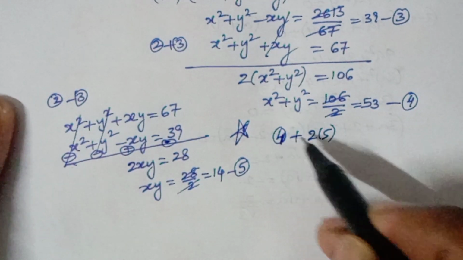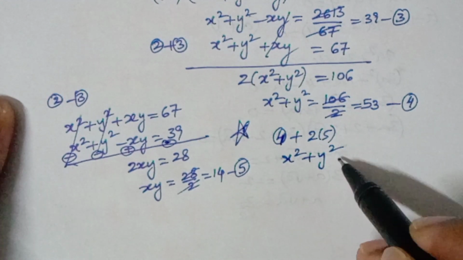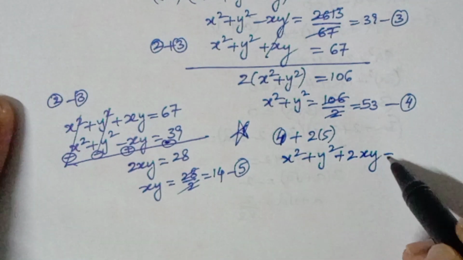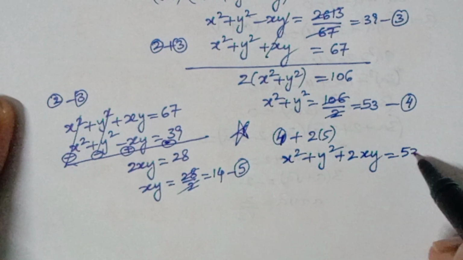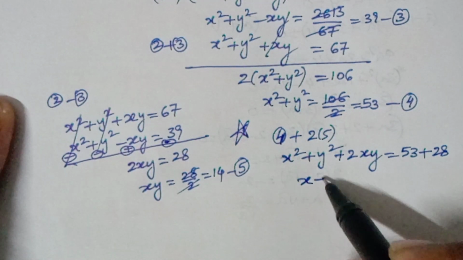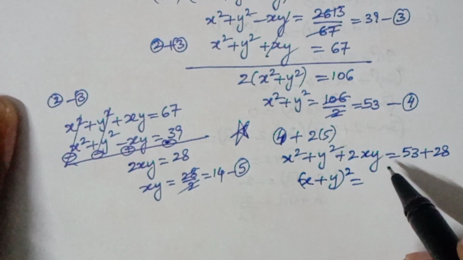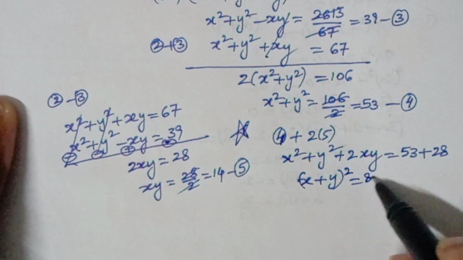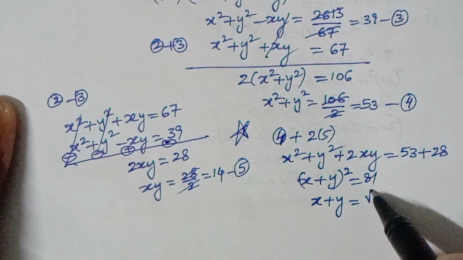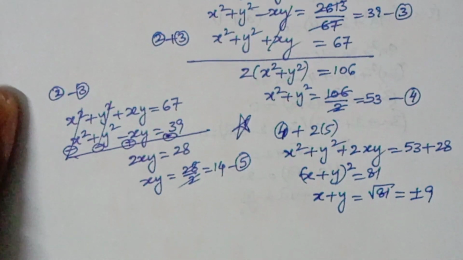Adding 4 plus 2 into 5, what will we get? x^2 + y^2 + 2xy is equal to 53 plus 28. So (x + y) whole square is equal to 81. x + y is equal to the square root of 81, so you will get plus or minus 9.